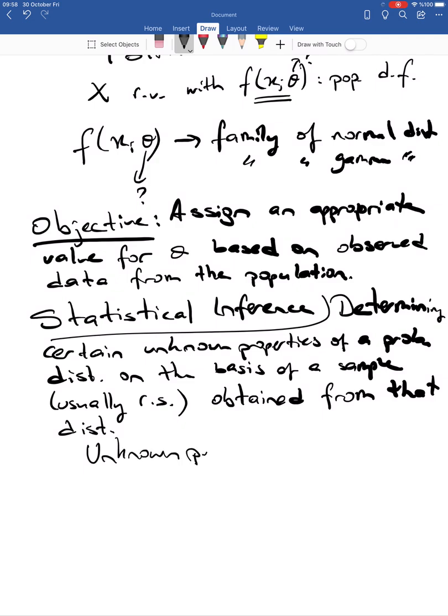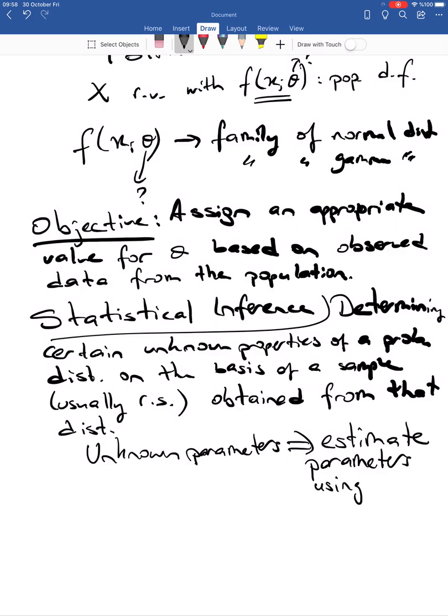So we have unknown parameters. Our aim is to be able to estimate those parameters using sample information. And also we will see that we might have many different estimators for the same unknown parameter.